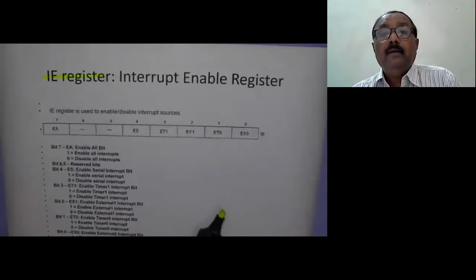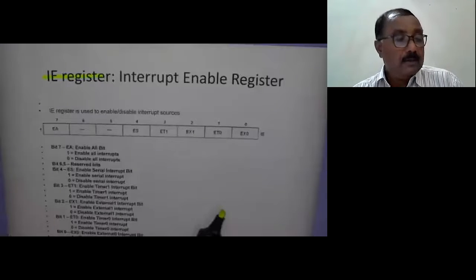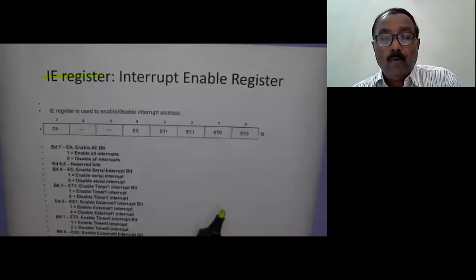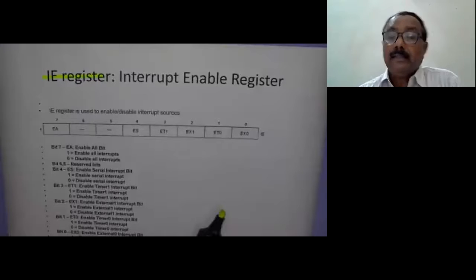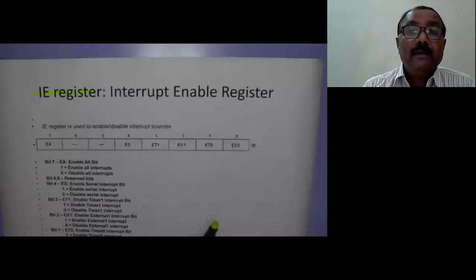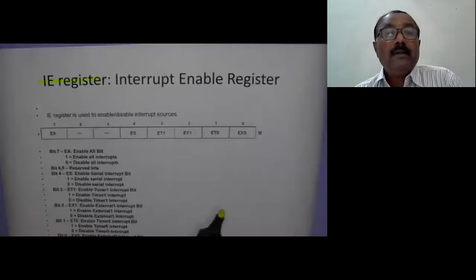That means you can stop the phone from ringing, or you can disable all your interrupts by switching off the mobile or keeping it in vibrating mode. Like this, we can enable the interrupts or we can disable the interrupts. For enabling and disabling interrupts, the IE register is used.